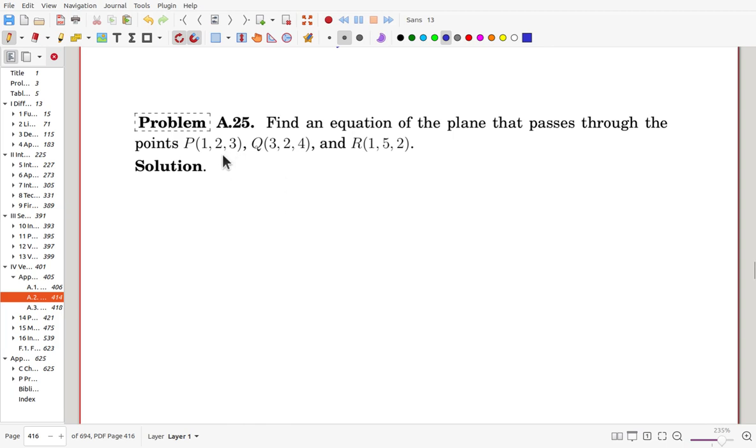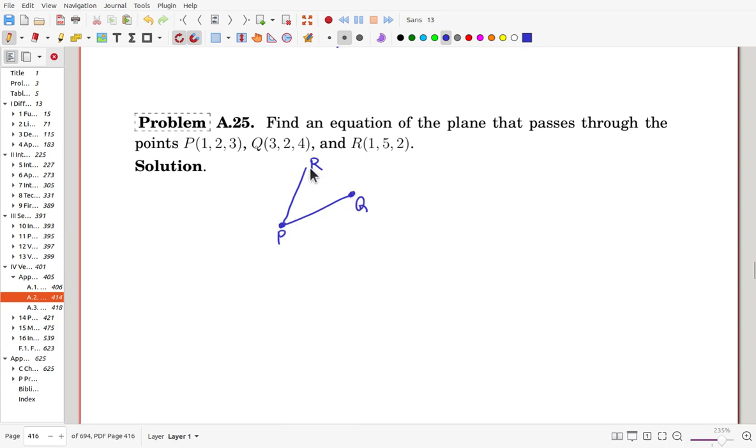So we can use one of them for the point, but we have to find the normal vector. How? Okay, 3 points are given, so let's try to visualize them. That is P, that is Q, that is R, 3 points on the plane. We have to find the plane including these 3 points.